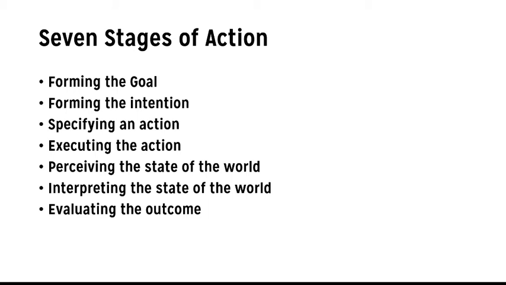Well, once we have that intention to act, we have to come up with an action, come up with something to do that can allow us to achieve our goal. So we have a goal. We have a motivation, an intention to act. Now we have an action that will help us achieve our goal, maybe. Then we execute said action.